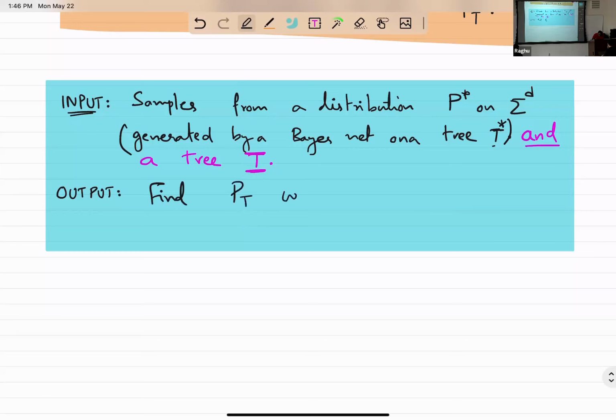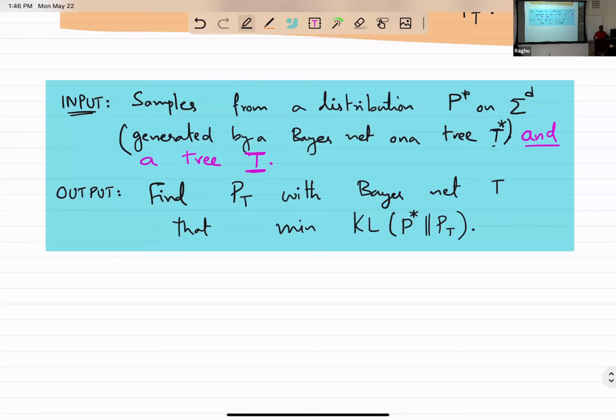Find PT with Bayesian net T such that it minimizes KL of P star and PT. Given that this is the only structure you can use, what is the best setting of the conditional probabilities that will minimize the KL divergence between the true unknown distribution and PT? We just made it a little bit simpler, but it's still not clear how to go about it.